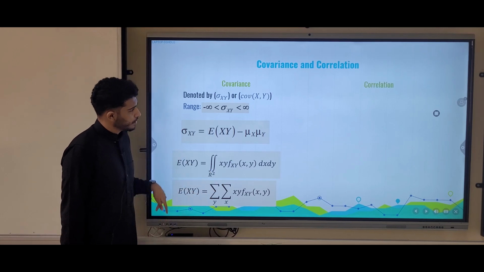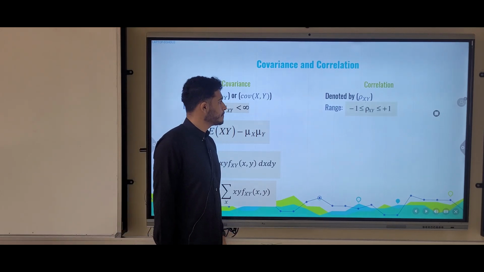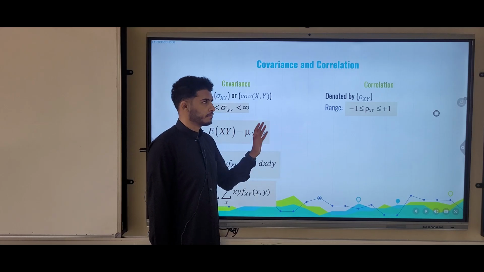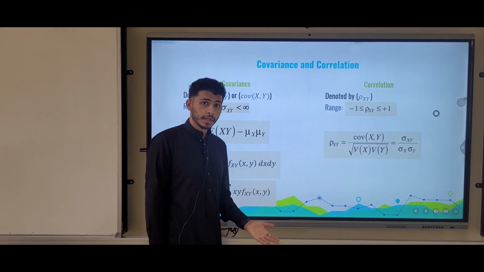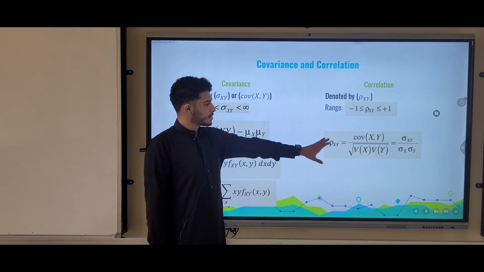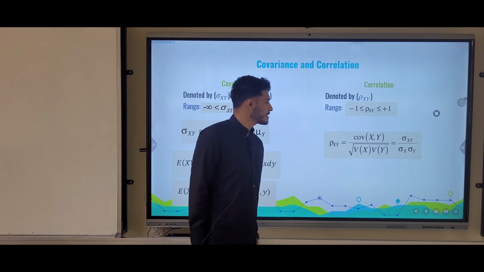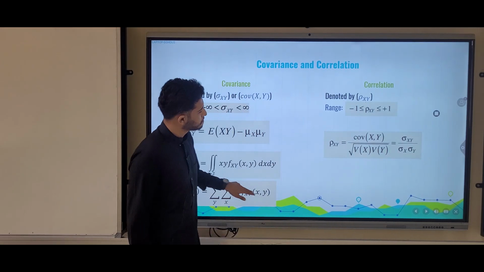Now with the correlation, we know that the correlation is denoted by rho of xy, and the range goes from -1 up to 1, where -1 denotes a strong negative correlation and 1 denotes strong positive correlation. This is the formula for the correlation, where you have the covariance on top divided by the standard deviation for each x and each y.